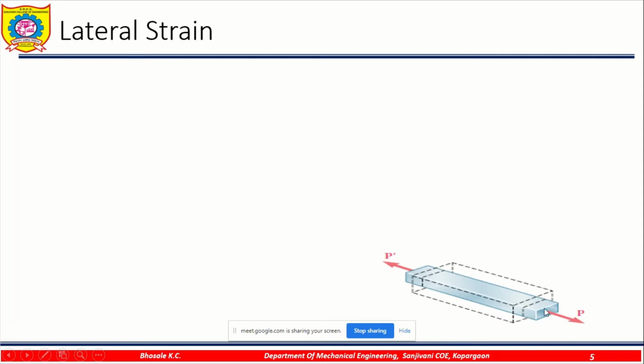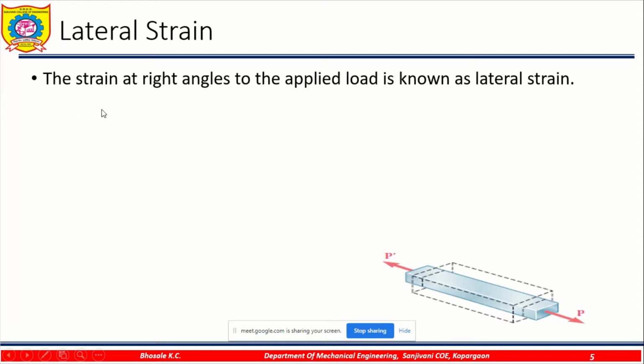One dimension is width, second dimension is height. Whatever the change in that lateral dimension, and due to that whatever the strain is there, that strain will be called the lateral strain. So the strain at right angles to the applied load is known as lateral strain.